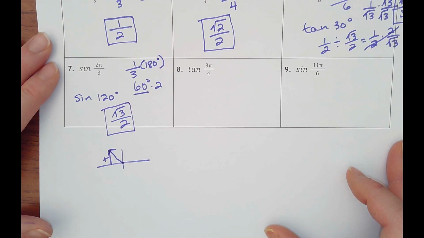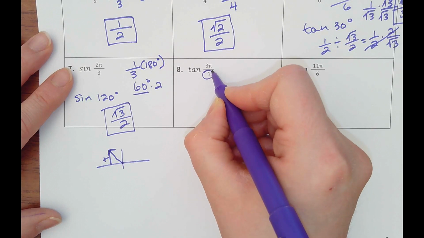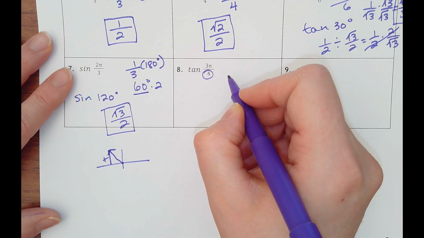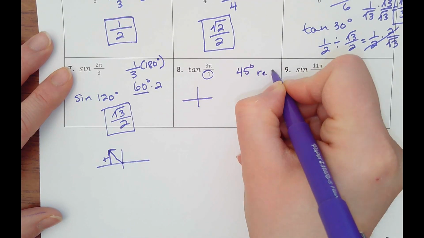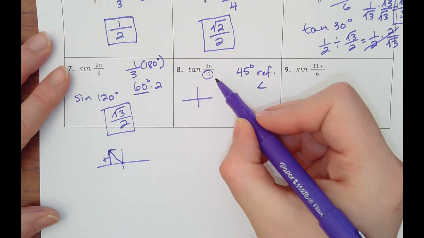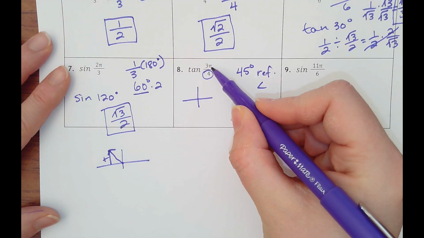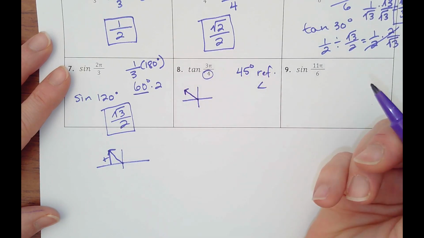And then number 8, tangent of 3 pi over 4. 180 degrees divided by 4, that's your 45-degree reference angle. So that's really all I need to know to get the side length. And then 3/4 of pi, 3/4 of the way would put me here.